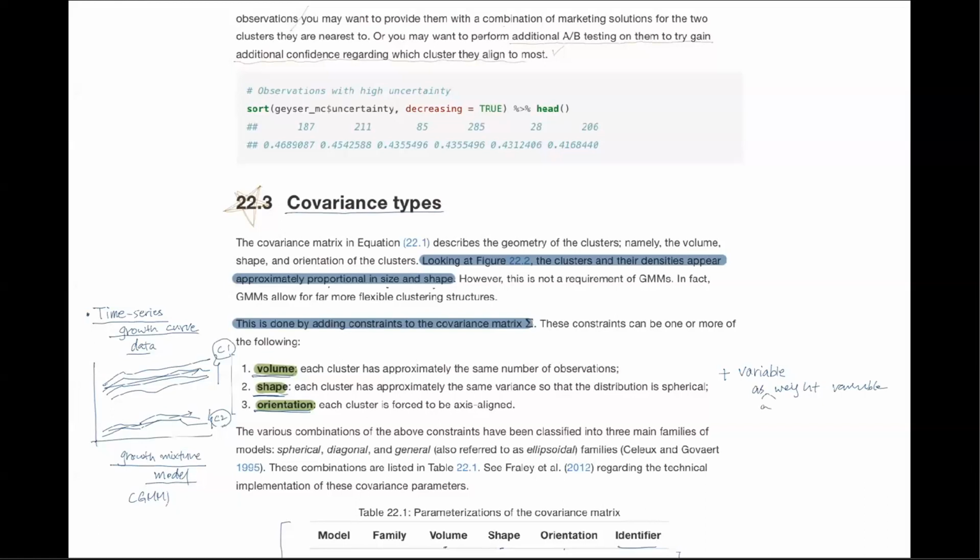That is another way we can do it, because this is what I used for my doctoral dissertation. In these cases, we can group this kind of time series curve by using the growth mixture model.